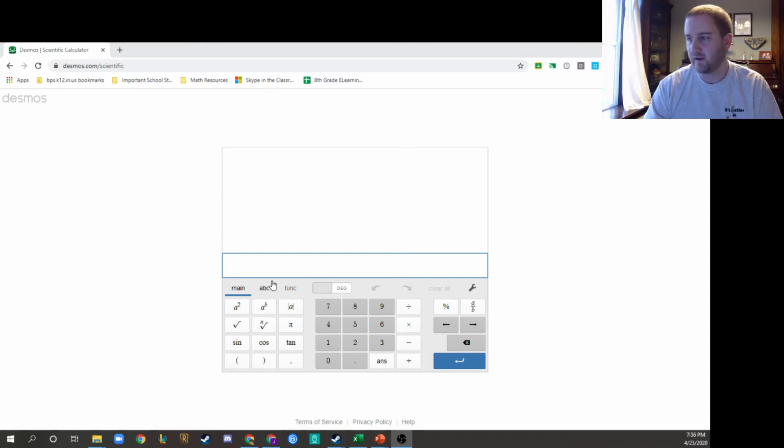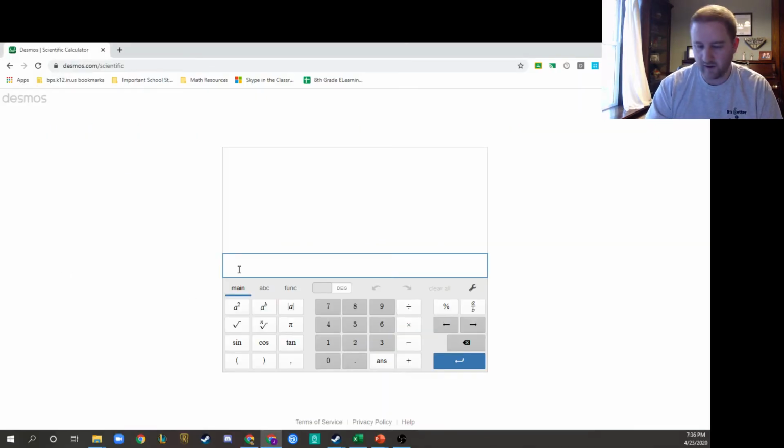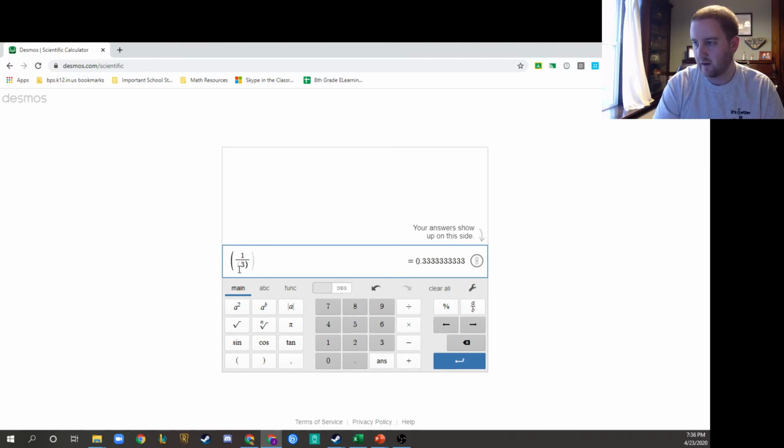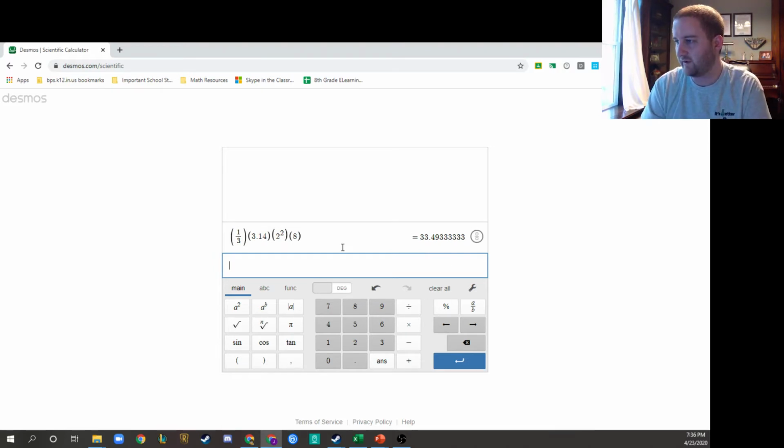So we do 1/3 times 3.14 times 2 squared, and then times 8. Once we do that, we get 33.49.